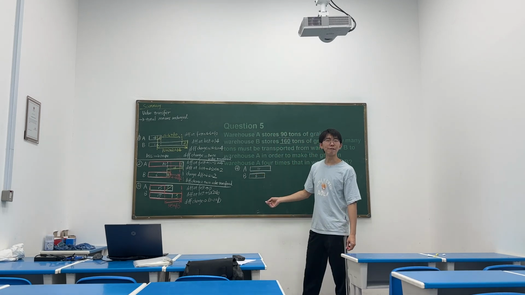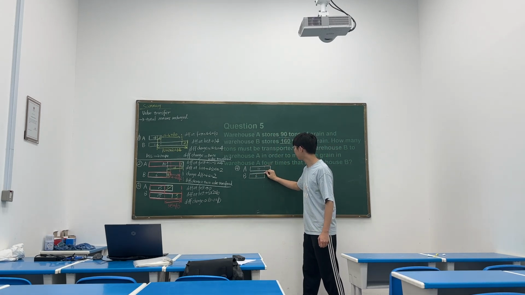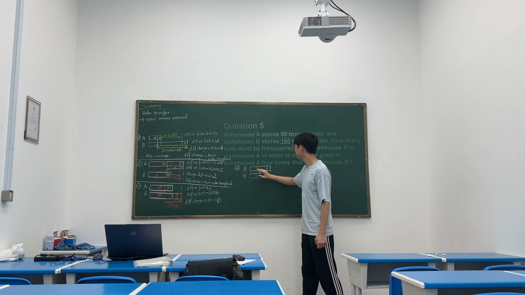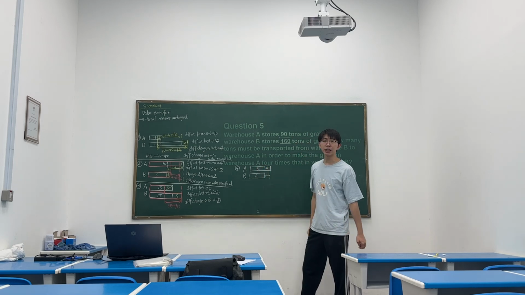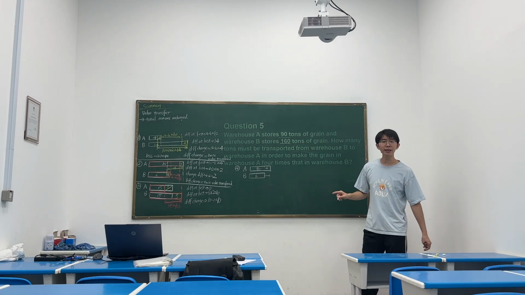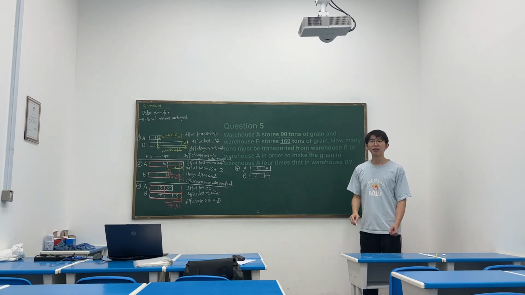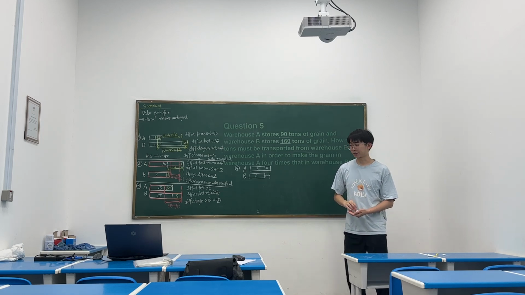What is the difference at first? The difference at first over here is 4. So this is 4 and this is 6. Now let's imagine this A will give B 8 value. So let's find out the new difference.